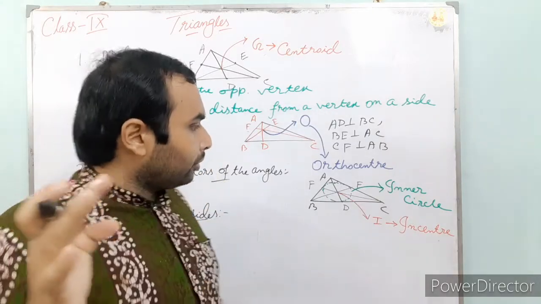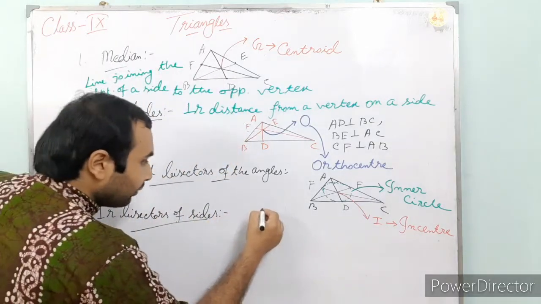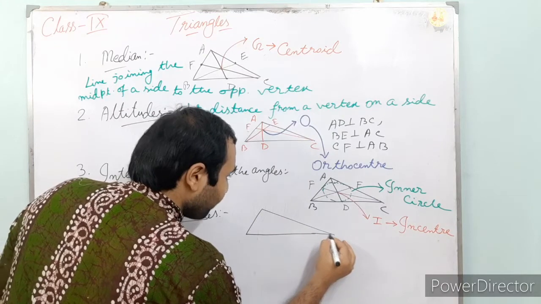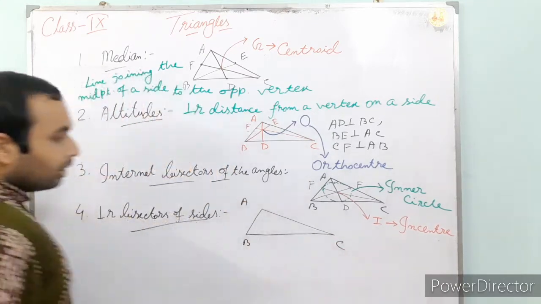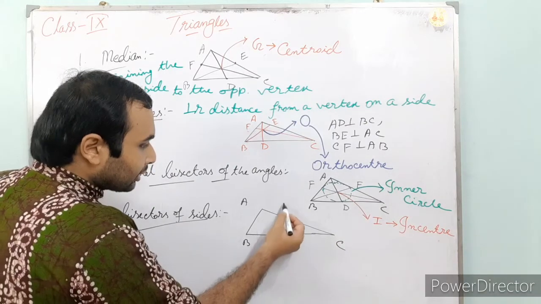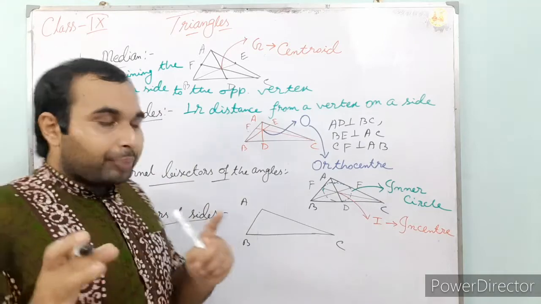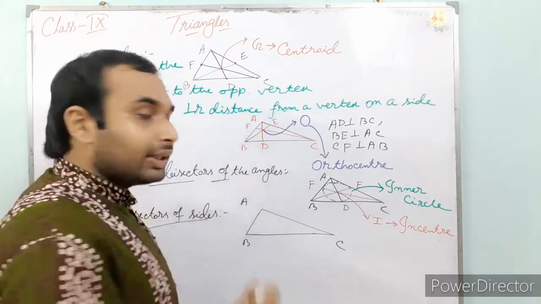If not, then you will ask me, I will show you in one video. So if this is the triangle ABC, then perpendicular bisector means that it will be perpendicular, and also it will bisect the corresponding sides.